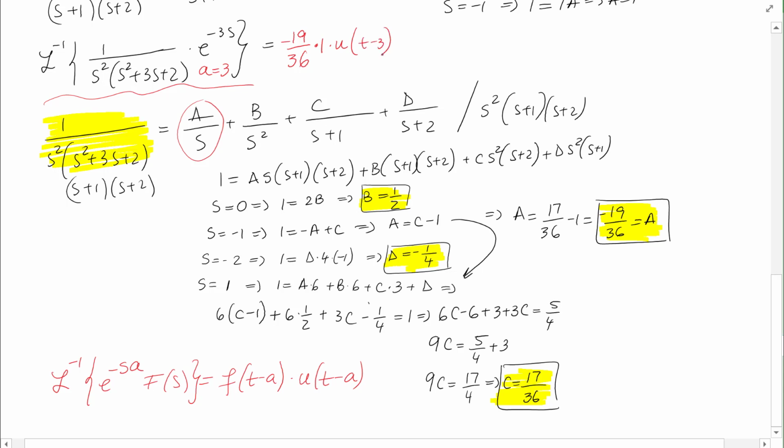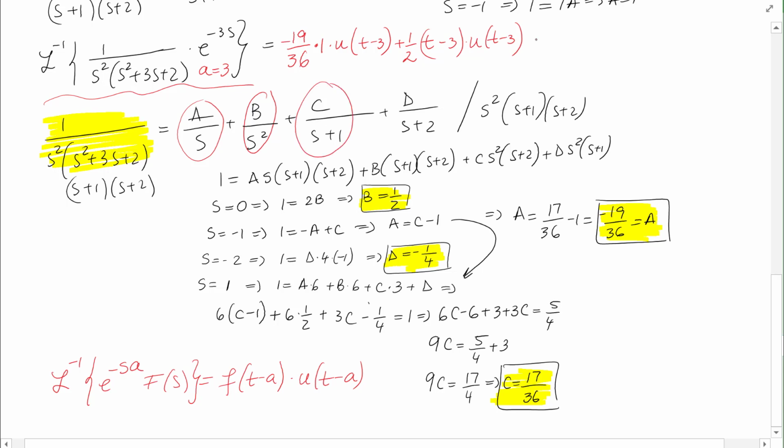And we just calculated the a over s. Now plus b over s squared. So we have plus a half, and then the inverse Laplace transform of 1 over s squared is t. So it's going to be t minus 3 times u of t minus 3.